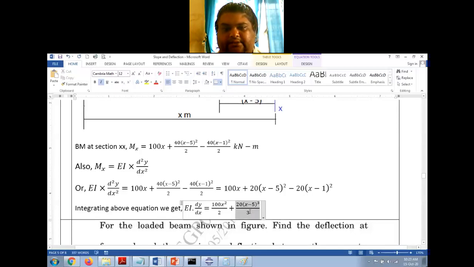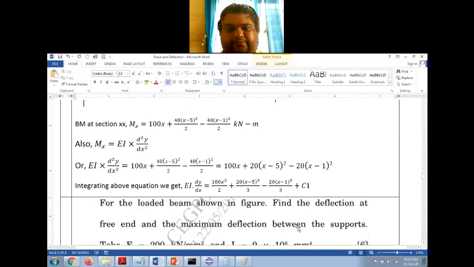And the last term will also be similar, minus 20 x minus 1 whole cube by 3, and there will be one constant C1. I have to find this by applying boundary condition later.